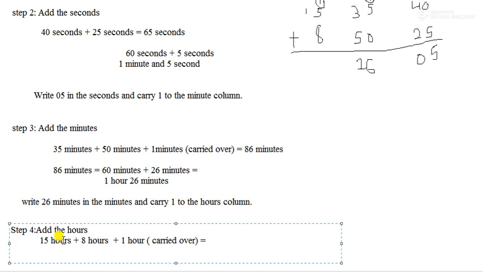So here 15, first 1 plus 8 is 9, 9 plus 5 is 14. So write 4, and 1 carry, 1 plus 1 is 2. So it's 24 hours. Now write the 24 hours in the hours column.